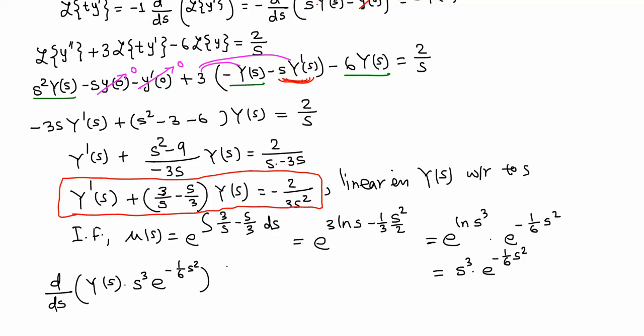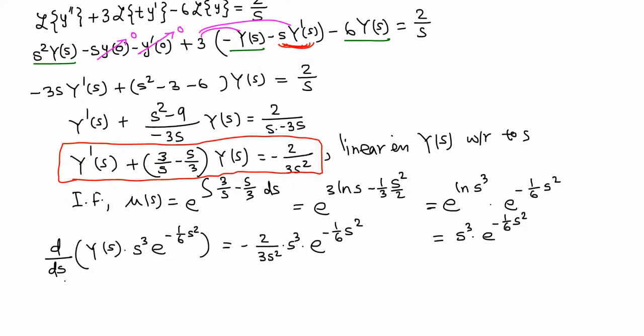Left hand side is equal to, right hand side we have negative 2 over 3 s squared, we are multiplying this by s cubed times e raised to negative 1/6 s squared. Okay, we simplify this, then next we need to integrate both sides. When we simplify, the two copies of s squared cancel, just s left, and that is it.